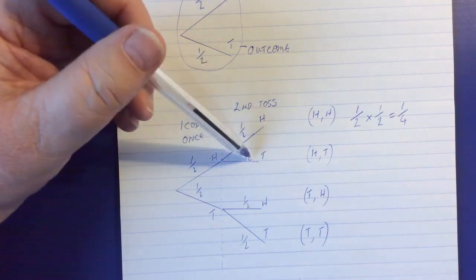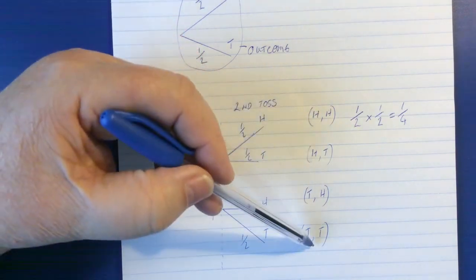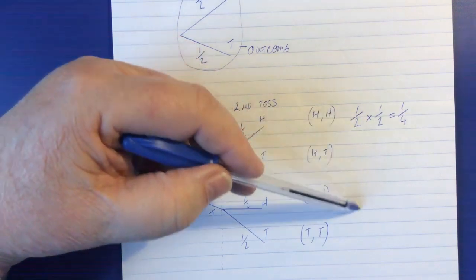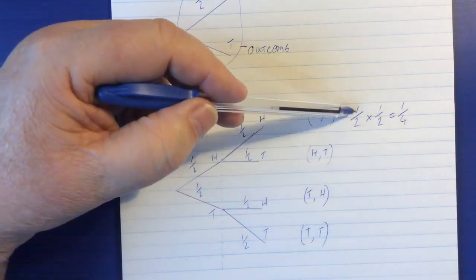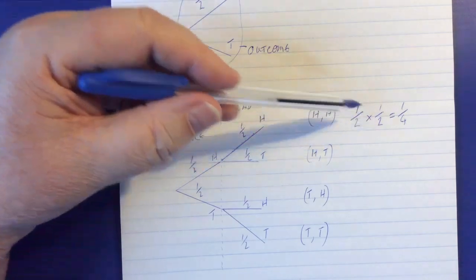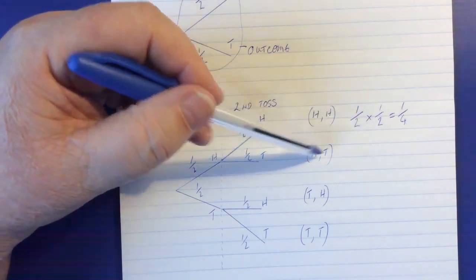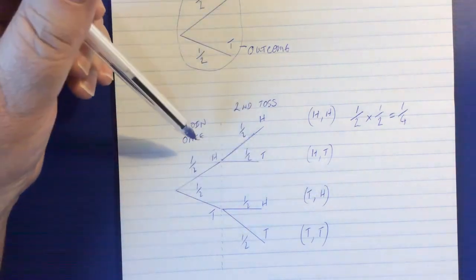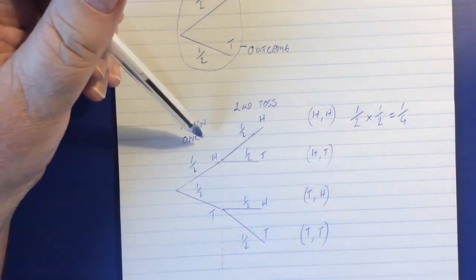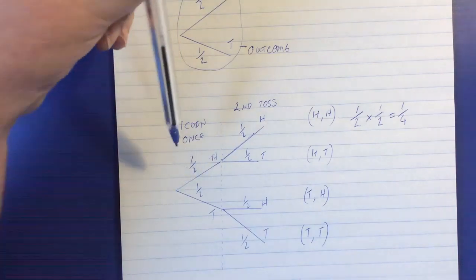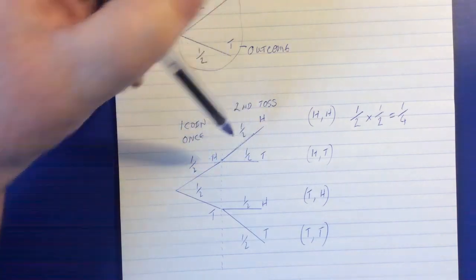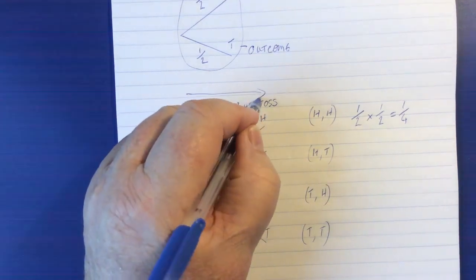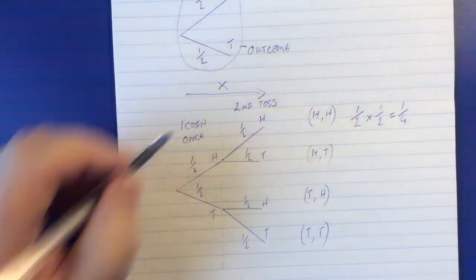It's how you assign the probabilities. It's how you write the outcomes. And this will be the same calculation all the way down here. It is how you calculate the probability of getting a head and a head, or a head and a tail in that order, or a tail and a head in that order. Now, there's one other thing to say. Hopefully it became obvious that as you move across a probability tree, you multiply the probabilities.